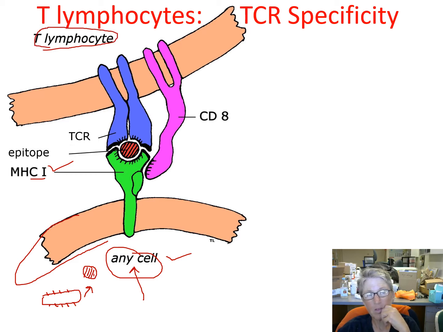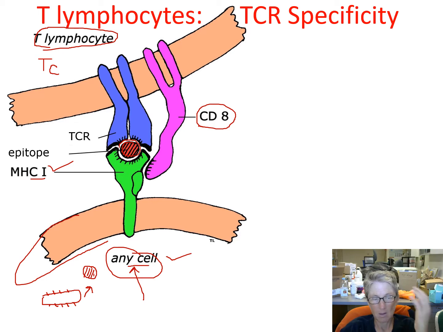Let's say the cell got infected, and now the T lymphocyte. So this T lymphocyte, this is a cartoon of a cytotoxic T cell. So here the T cell receptor of the cytotoxic T cell recognizes the epitope in the MHC1 complex along with this helper recognition molecule called CD8. So now you have an infected cell down here, any cell. Here's what it's infected with. Chopped up the bacteria, presented the epitope from the bacteria here.